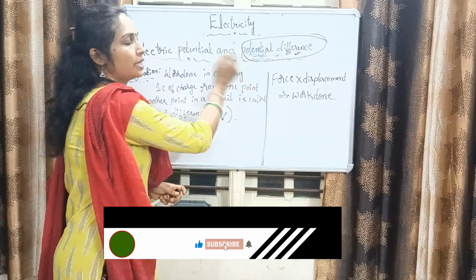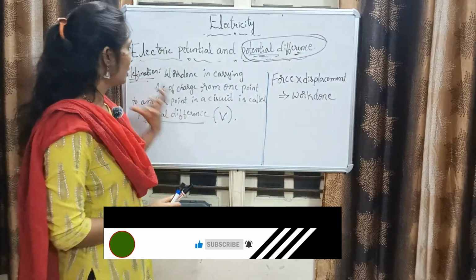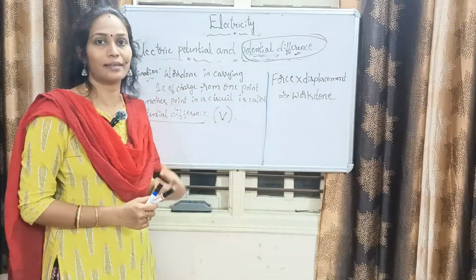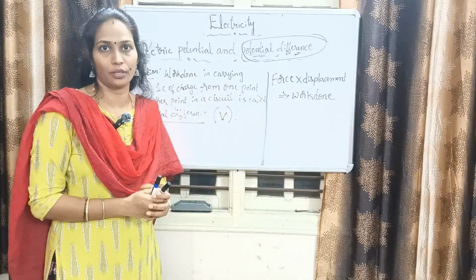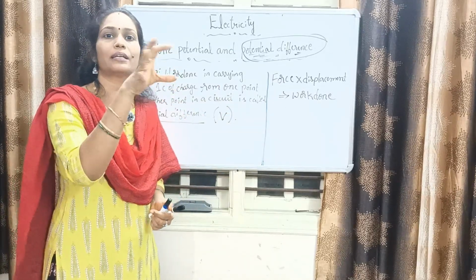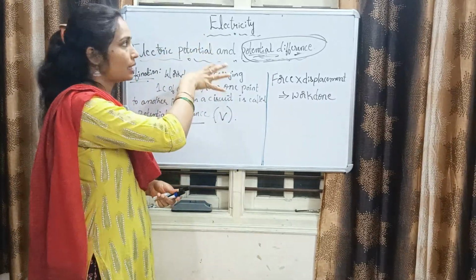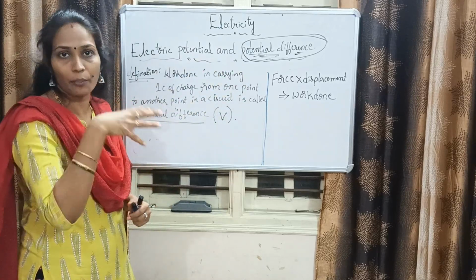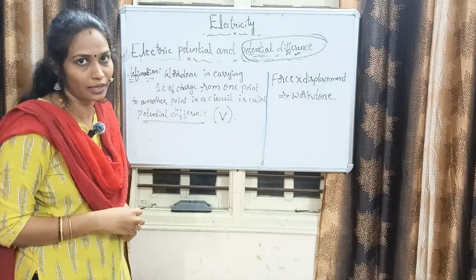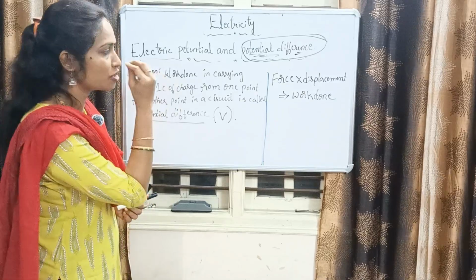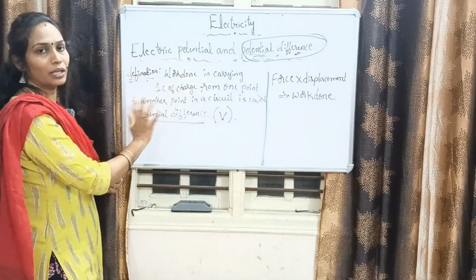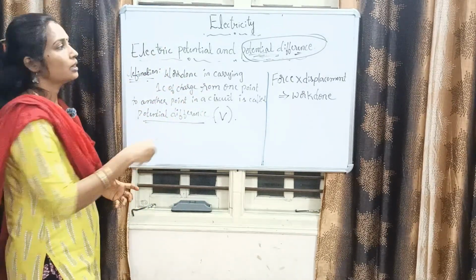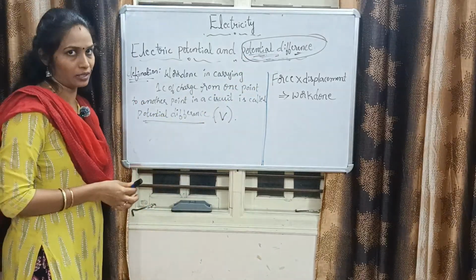Potential difference is nothing but how much work is carried out in a given circuit. Some pressure is going to build in a battery. That electric pressure difference between two terminals generates the potential difference.